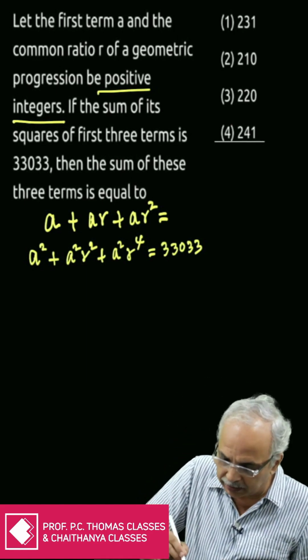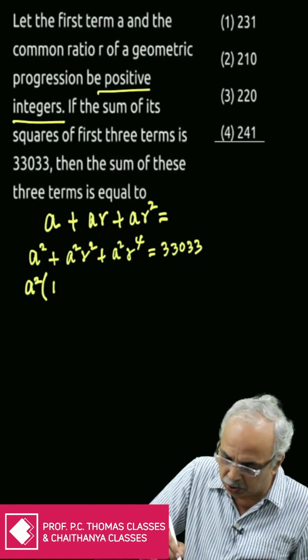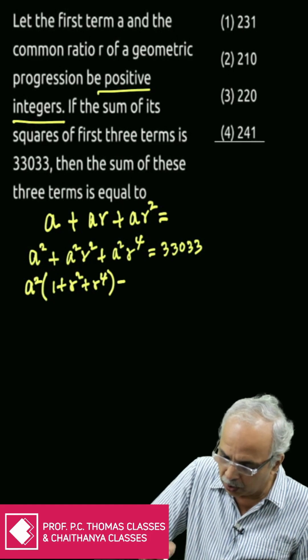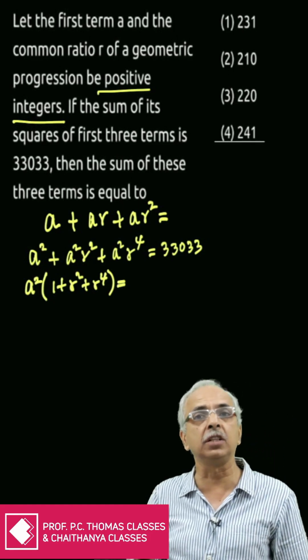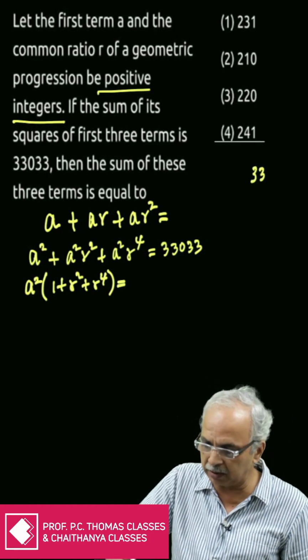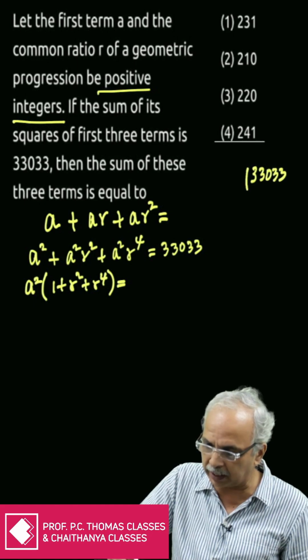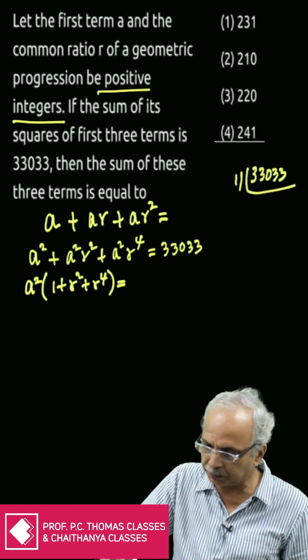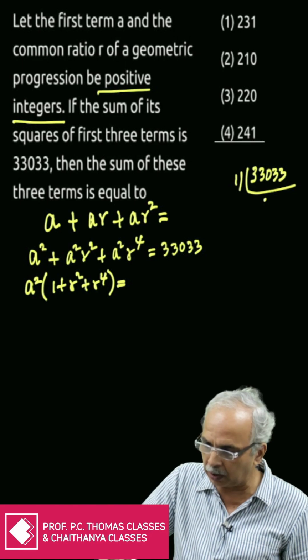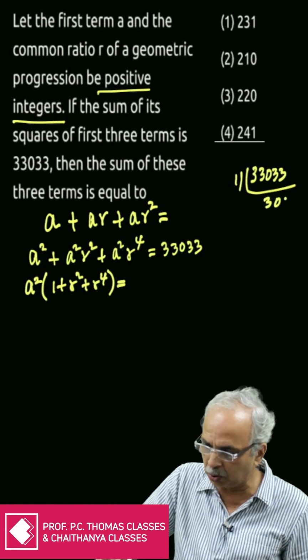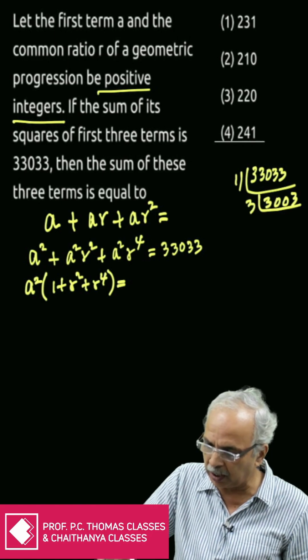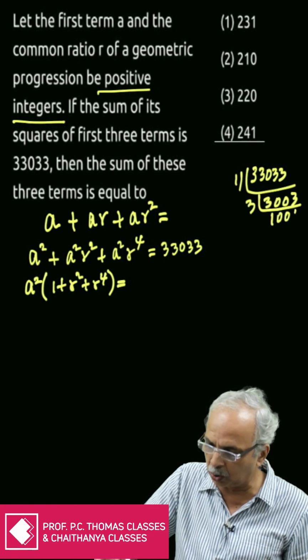You factorize this. It is A square into 1 plus R square plus R raised to 4. You can factorize 33033. It is divisible by 11, and you get 3003. It will go again by 3, giving 1001.